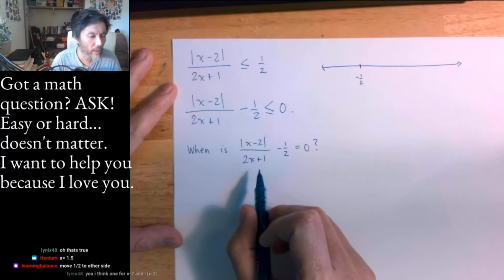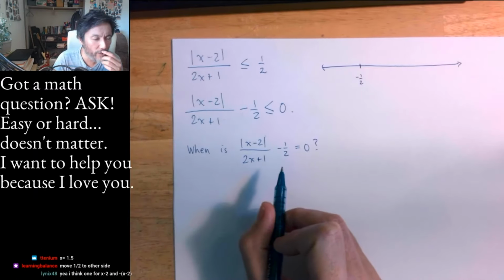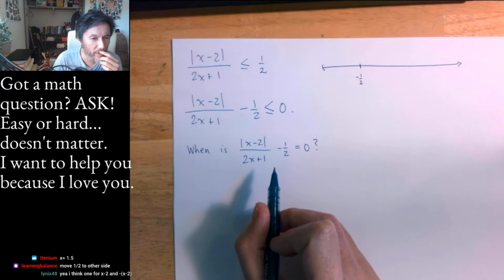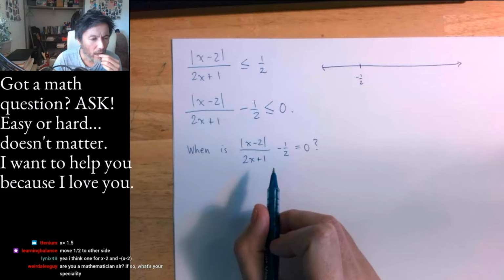What we could do is move 1/2 to the other side and then square both sides. I'm not sure if we want to do that to ourselves, though.